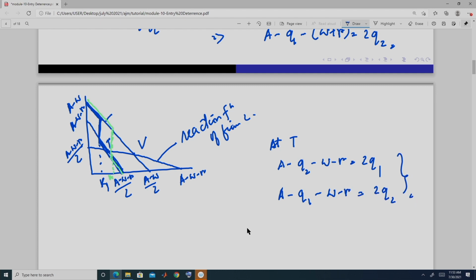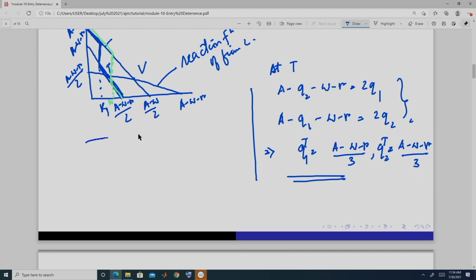From this we get that Q1 is this. So, this is the point at T.